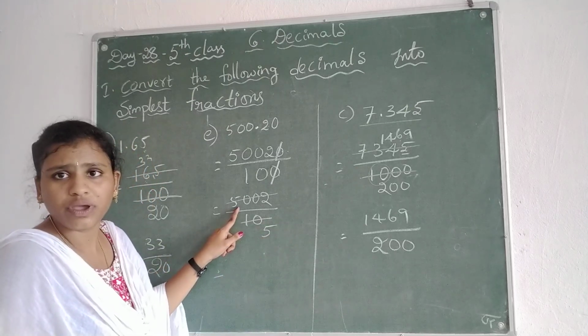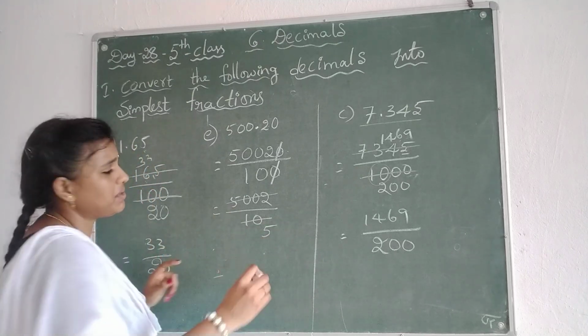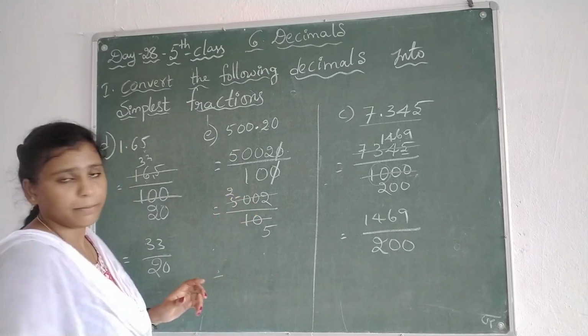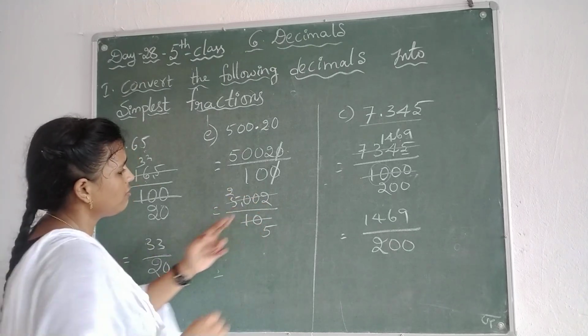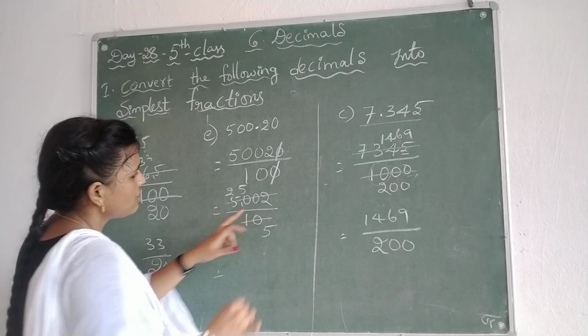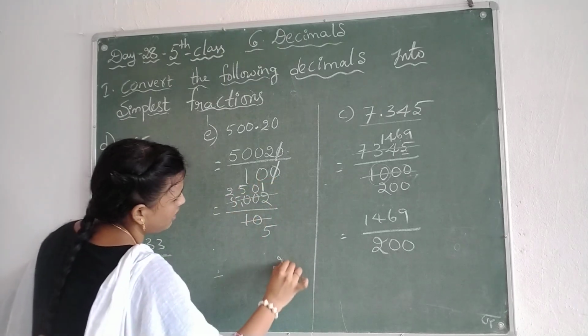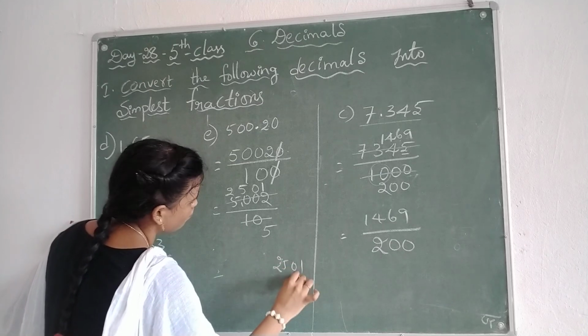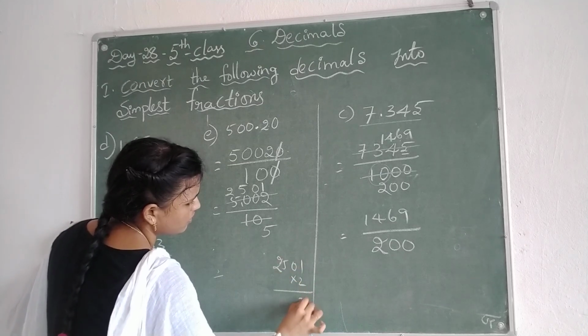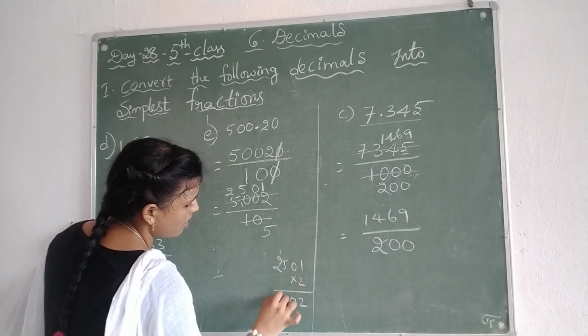In this 5002, it's cancelled 2 times, because 2 2s are 4. Remaining 1, 5 times and 0, 1 time. Let's multiply: 2 0 0 1 5.